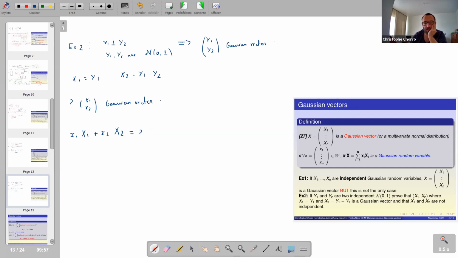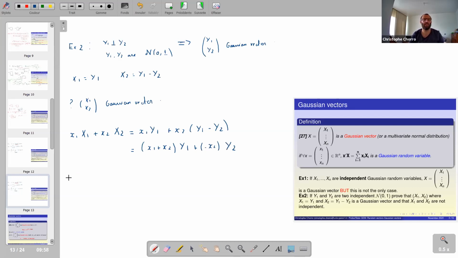So it's x1 y1 plus x2 (y1 minus y2), which I can write as (x1 plus x2) y1 minus x2 y2.